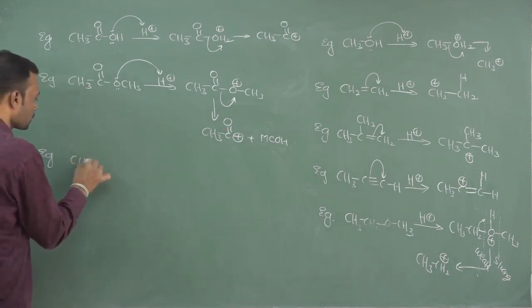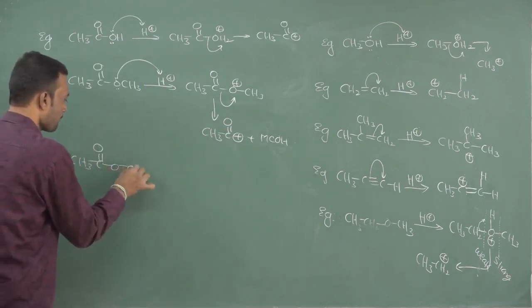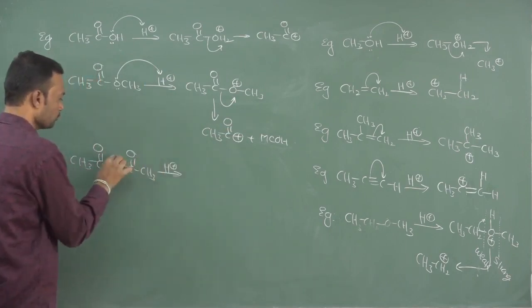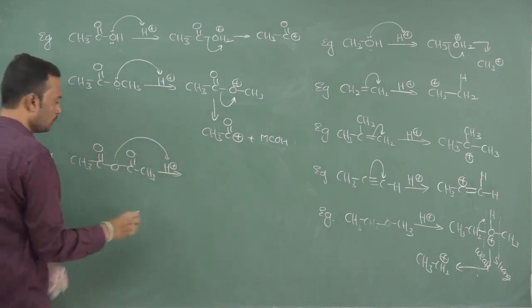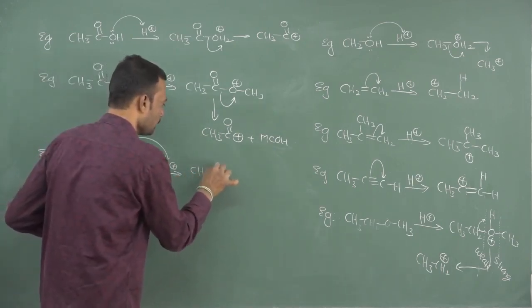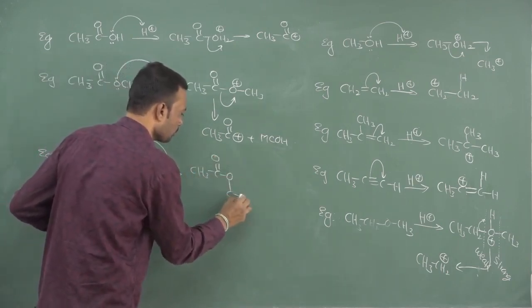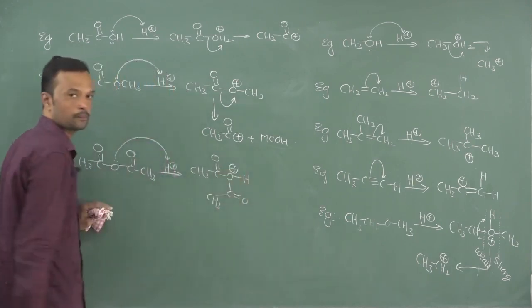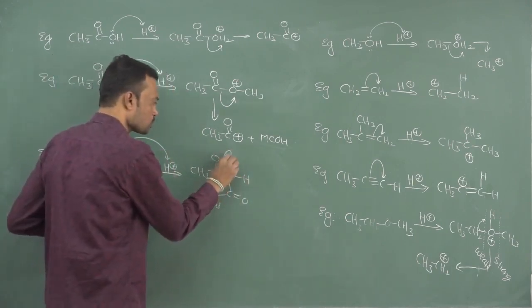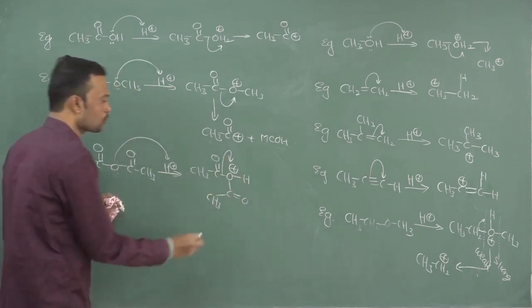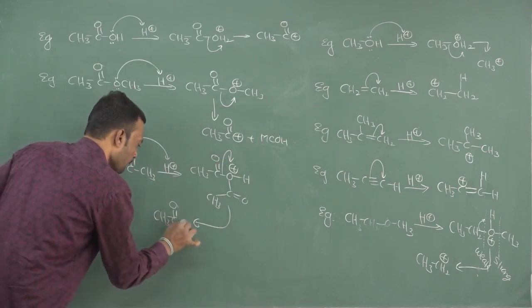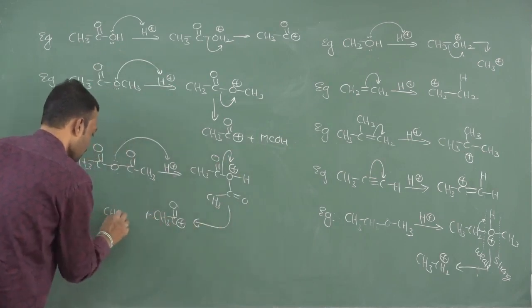Next we can also take an anhydride. This is one anhydride. Now an anhydride has a tendency to take a proton. Now this will take a proton. After taking the proton, this anhydride has a tendency to remove like this. See, this is the anhydride. Now this will lose an acyl cation. After losing the acyl cation, there is formation of acetic acid.